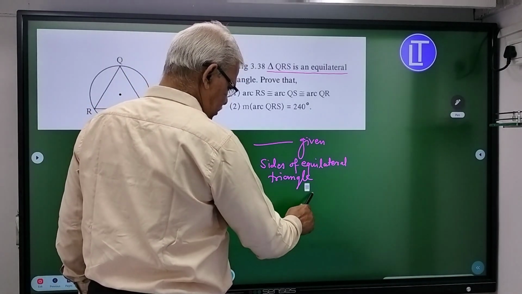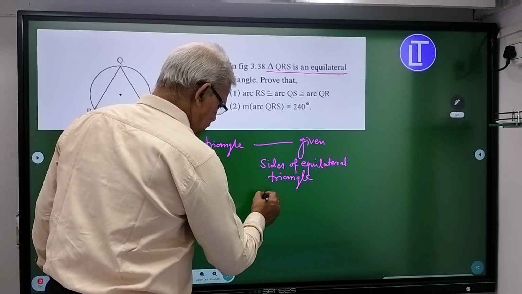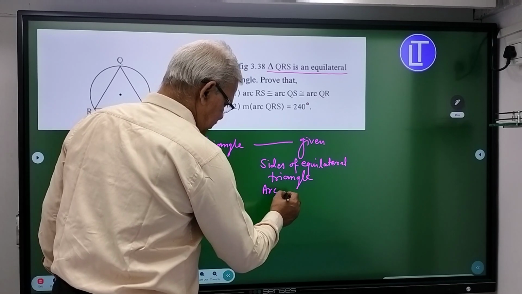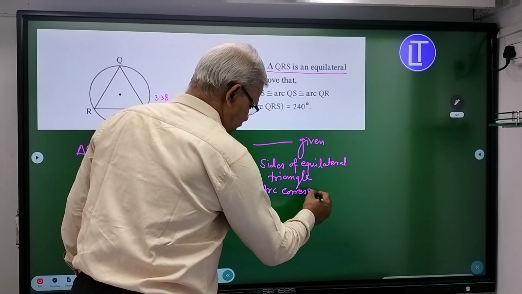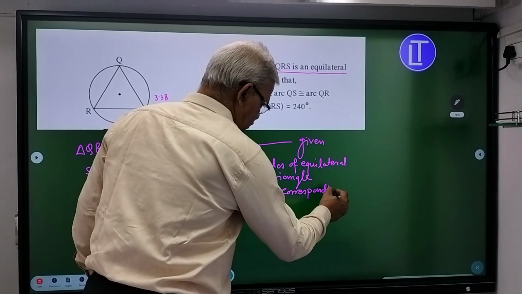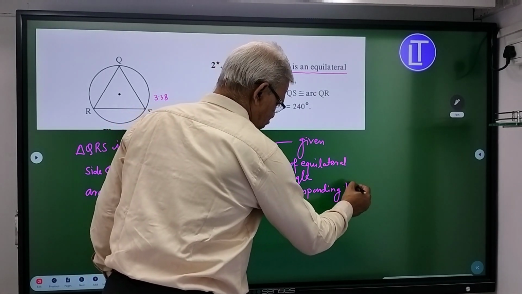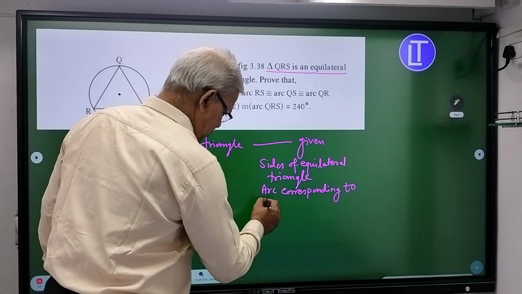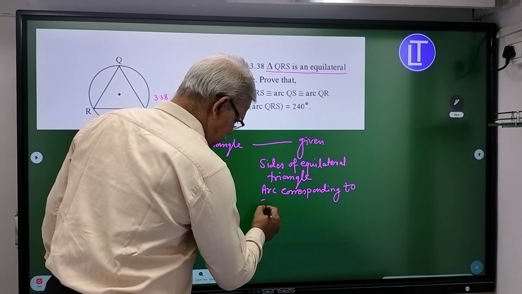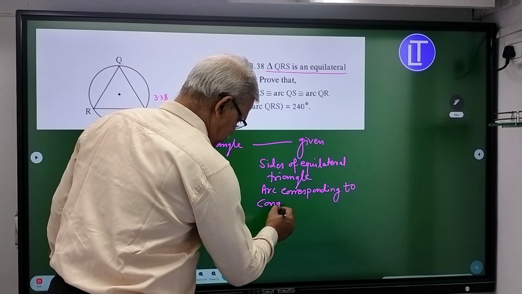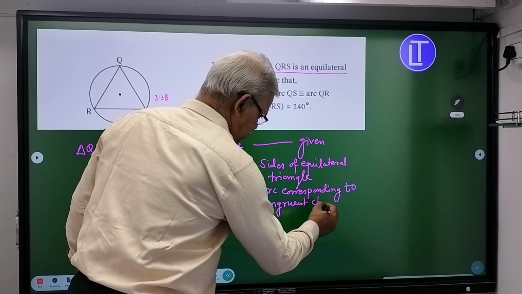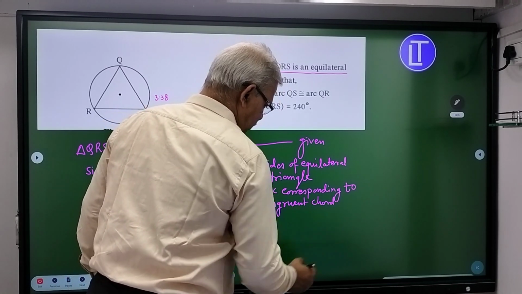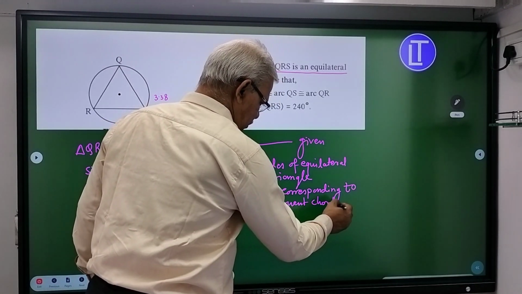Here, arcs corresponding to congruent chords.